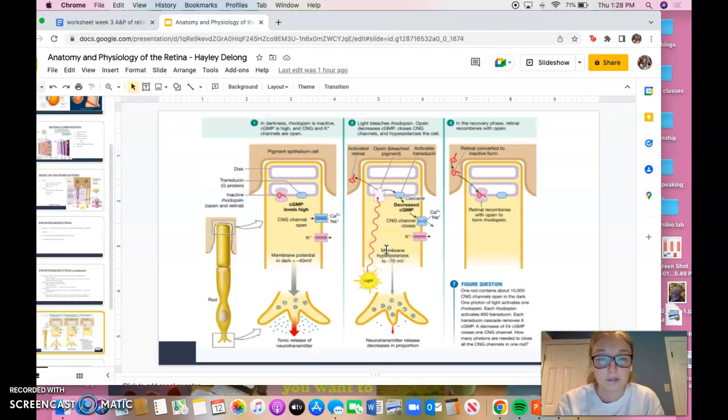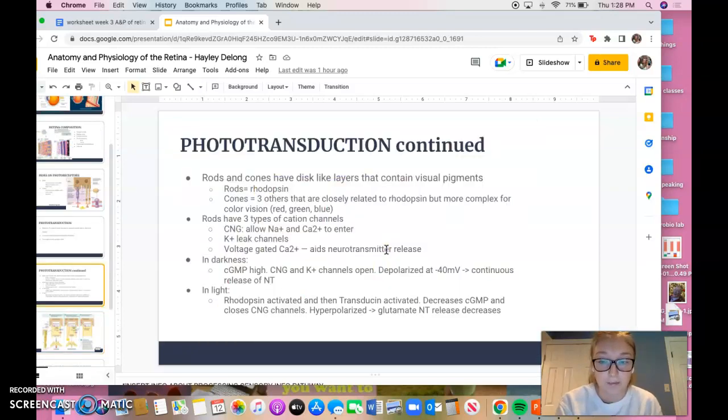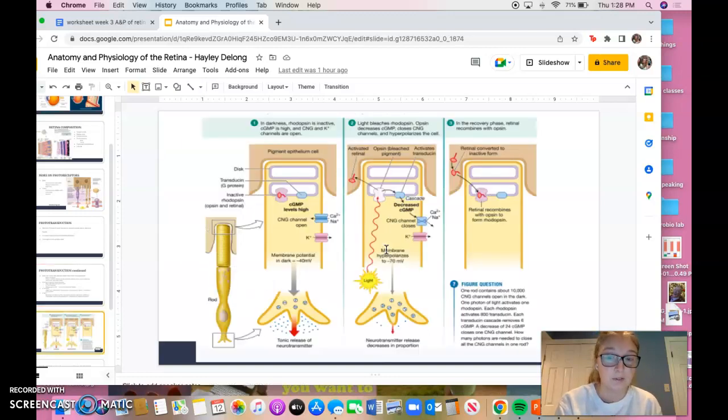This leads to a hyperpolarized state, and the glutamate will decrease. Here you can see an in-depth picture, which is really helpful to visualize the mechanism of the channels opening and closing, how the membrane is hyperpolarized or depolarized, and how the neurotransmitters are released. This really helped me solidify everything.